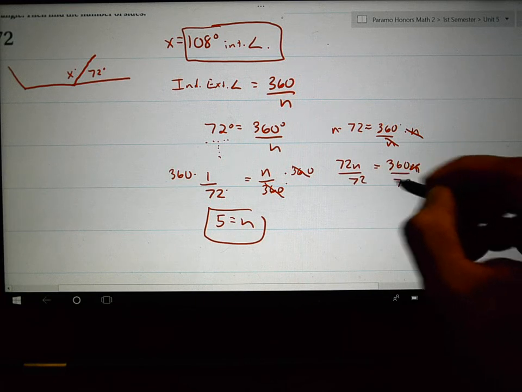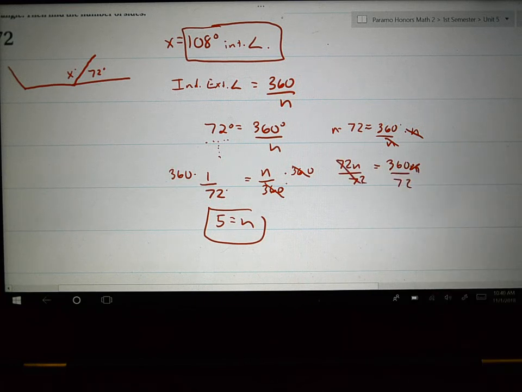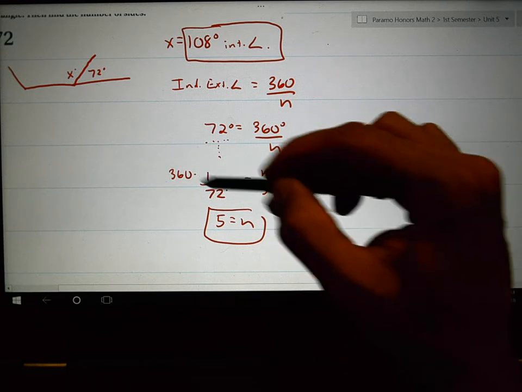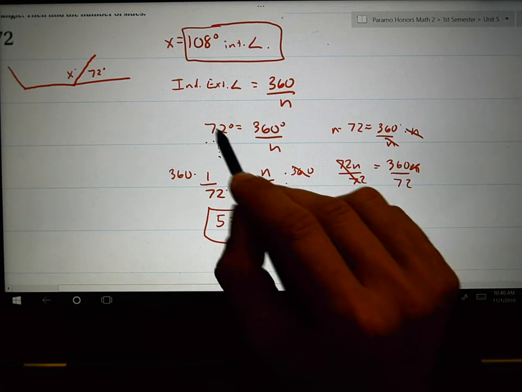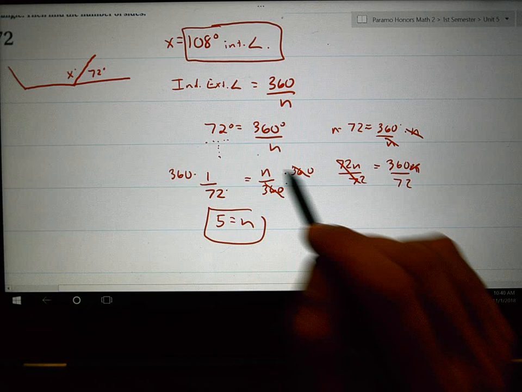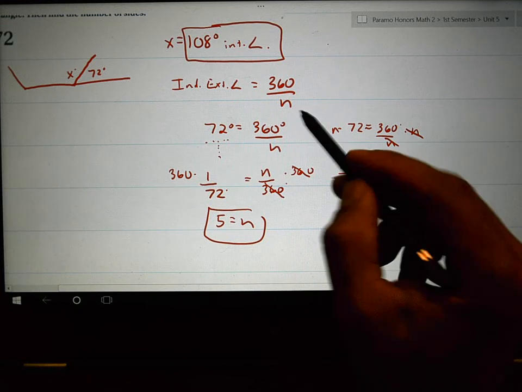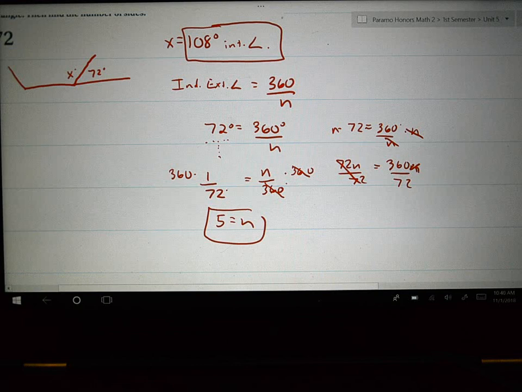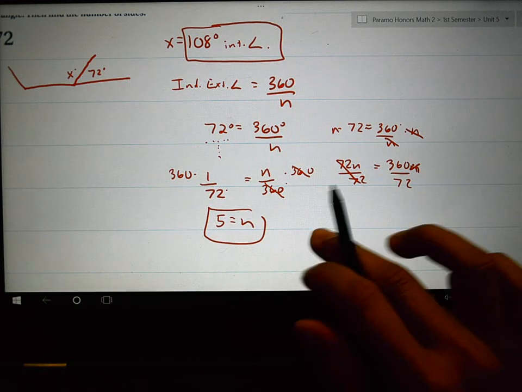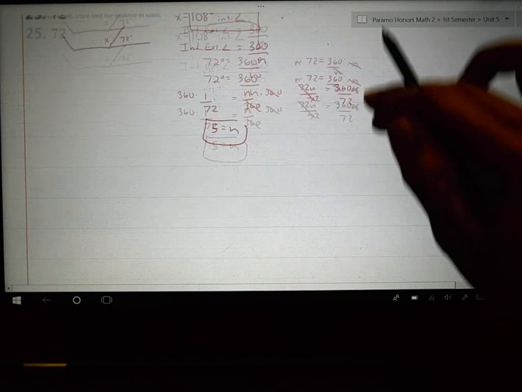You can do it in 2 steps if you want to, and you'll still get the same answer. I've also seen some people just switch the n and the 72. But what you don't want to do is just divide by 360, because that's what 1 divided by n is, not what n over 1 is. Keep that in mind. That is the end of our notes.